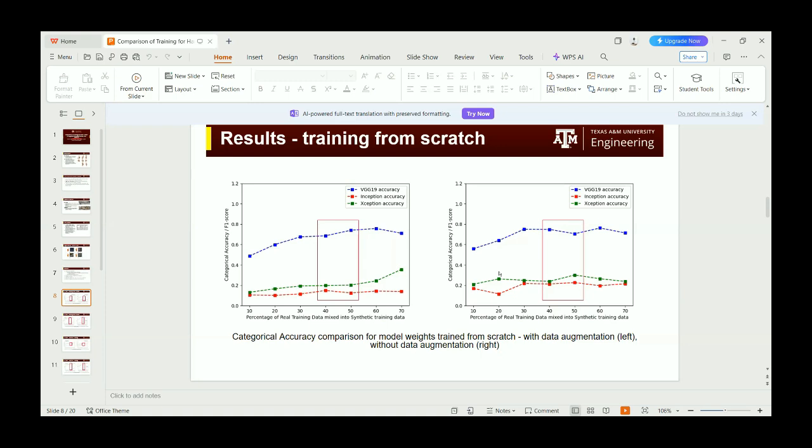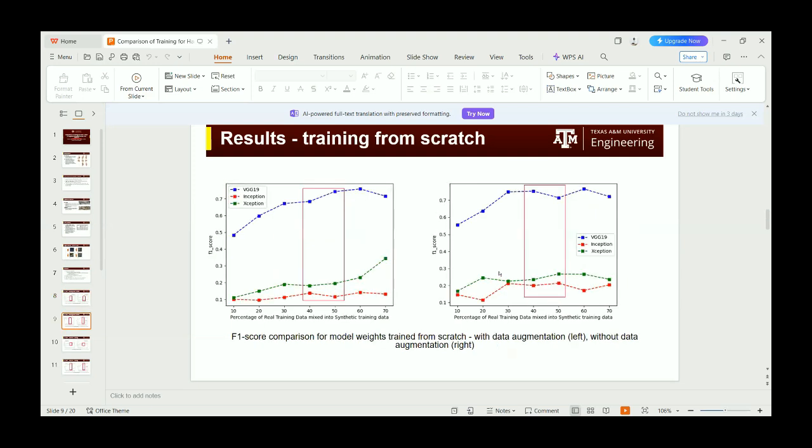But in most of the scenarios, what we're seeing is that about 40 to 50 is an optimized mix between real and synthetic data to get good results. And that's when we start to see the flattening of the curve in general.